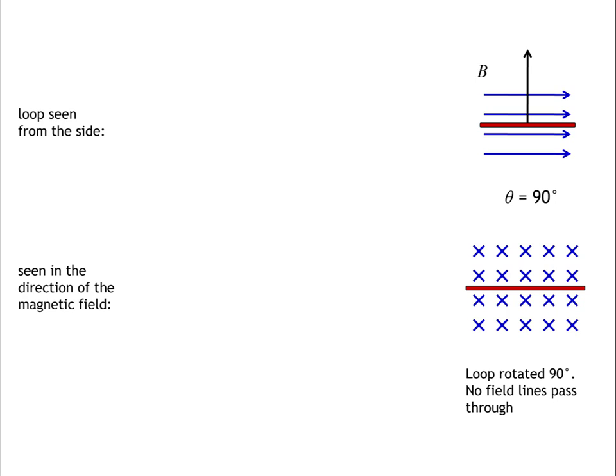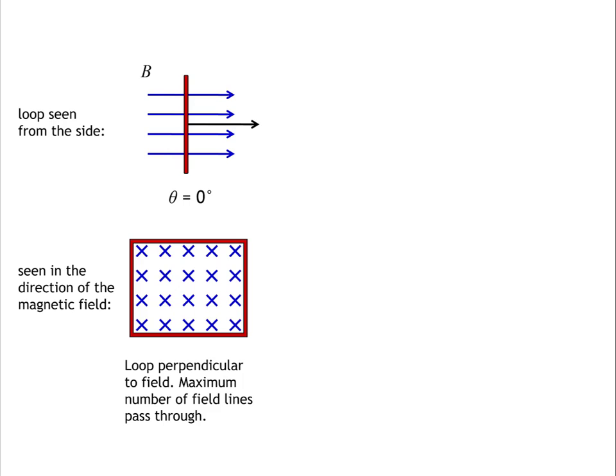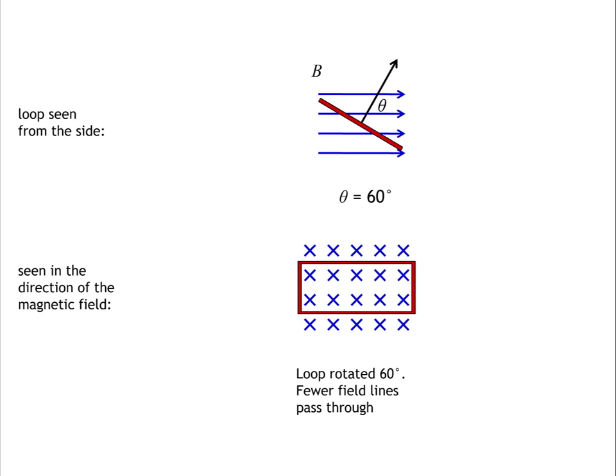So if we look at this sequence, when the angle is 0 degrees between the magnetic field and the surface area vector, we have maximum flux, the maximum number of field lines crossing the surface. When the angle is some value between 0 and 90 degrees, we have an intermediate amount of magnetic flux.